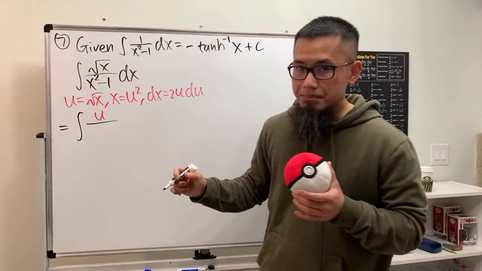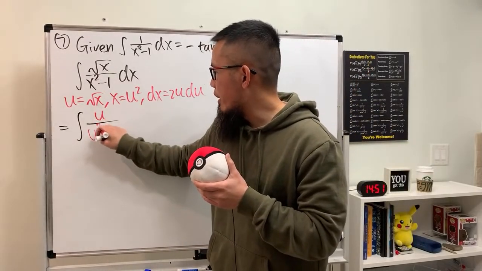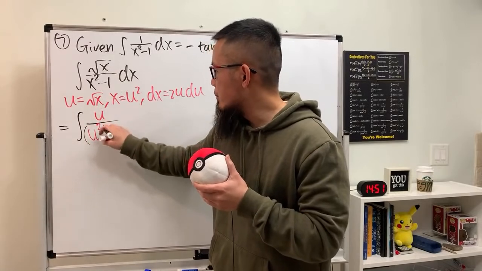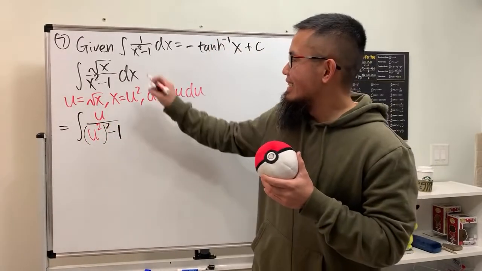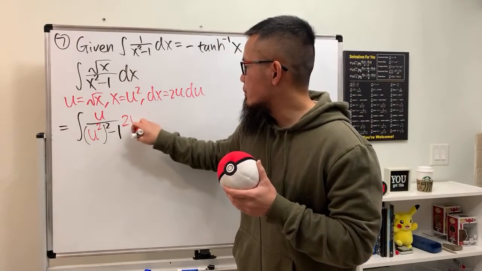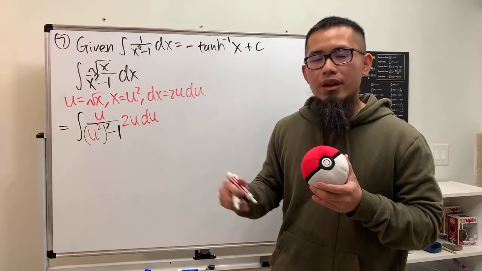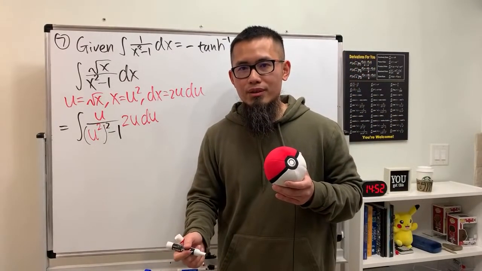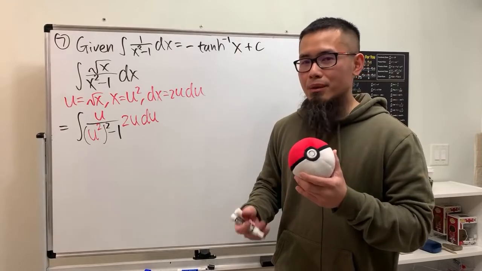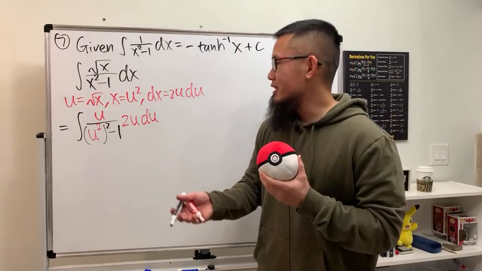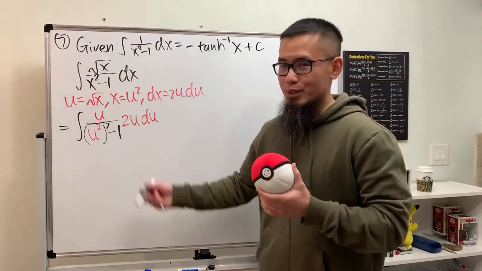On the bottom, x is u squared, so we have u squared, but then we still have to square that, and then minus 1. dx is that, which is 2u du. That's what we have. Now this becomes rational. Yeah, this is also sometimes called the rational substitution. Usually I don't say that because this is just u sub, and you will end up with a rational function.